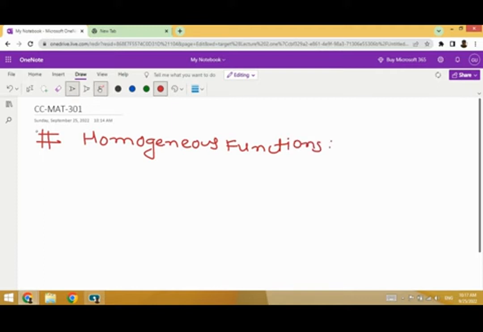So now, without wasting much more time, what is a homogeneous function?